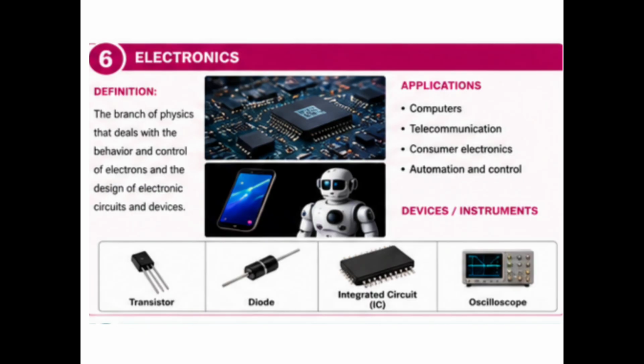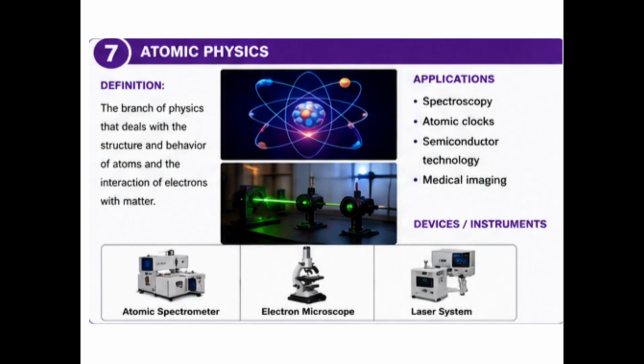Let's move to the next branch of physics, which is atomic physics. Now, atomic physics is a branch of physics that deals with the structure and behavior of atoms and the interaction of electrons with matter. Atomic physics, from the word atom, with three fundamental particles mainly, which are proton, electron, and neutron.